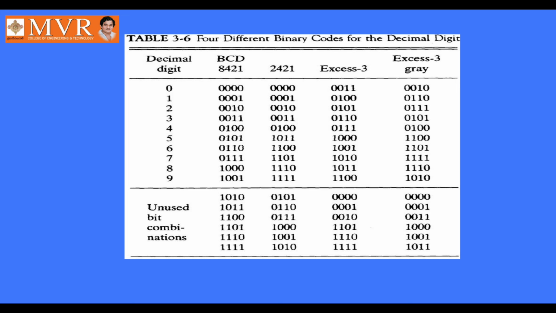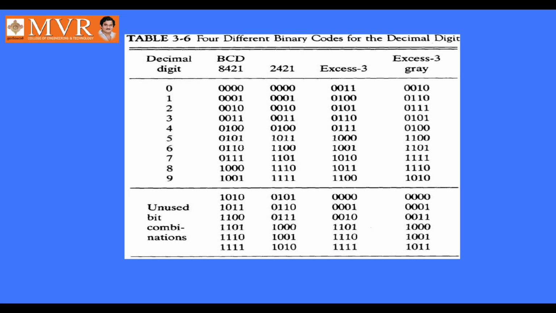In the table bottom we have given unused bit combinations. Take the first unused bit combination 1010 and apply the BCD 8421 position weights. So 1 into 8 is 8, and 1 into 2 is 2, 8 plus 2 is 10. But in BCD we don't have 10. Am I correct? In BCD we don't have 10.